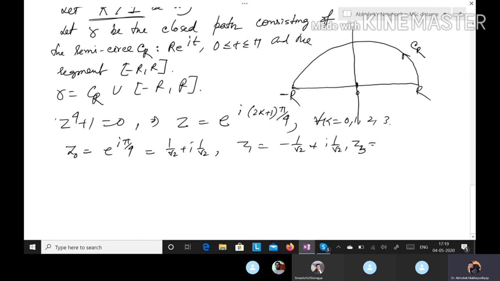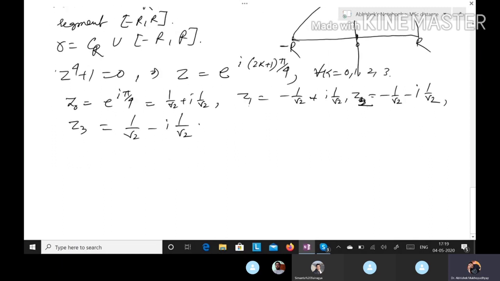Z2 is minus 1 by root 2 minus i 1 by root 2, the conjugate of z1, and the last one is z3, which is 1 by root 2 minus i 1 by root 2, the conjugate of z0. So there are 4 roots, and these are exactly the isolated singularities of f(z).